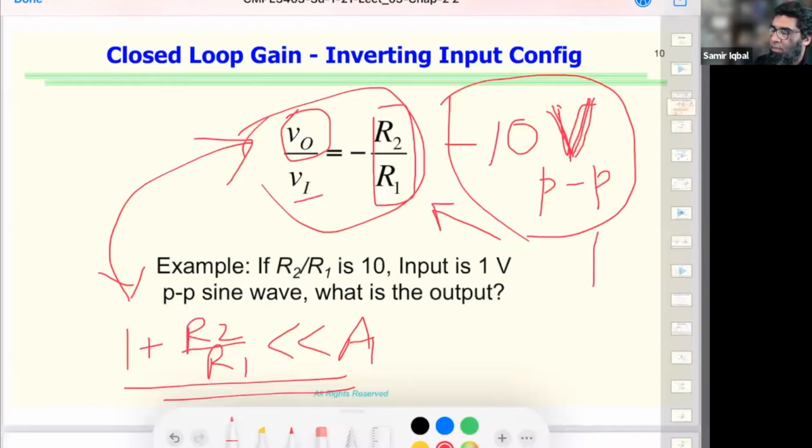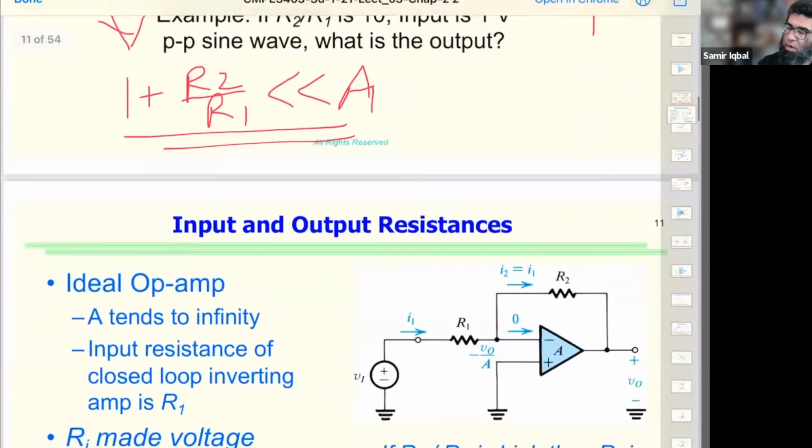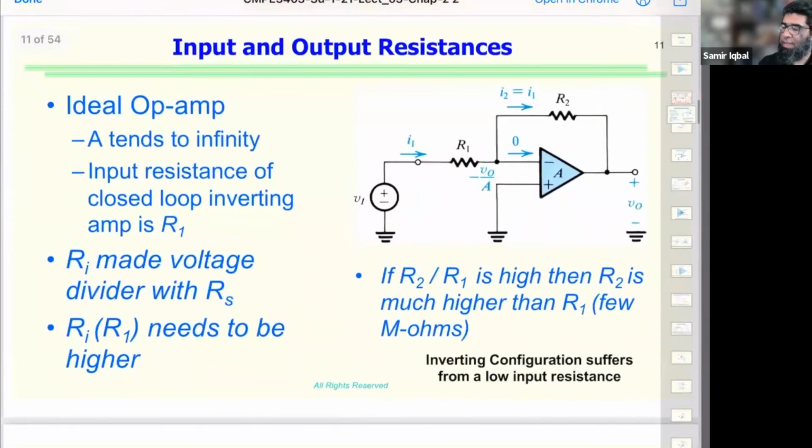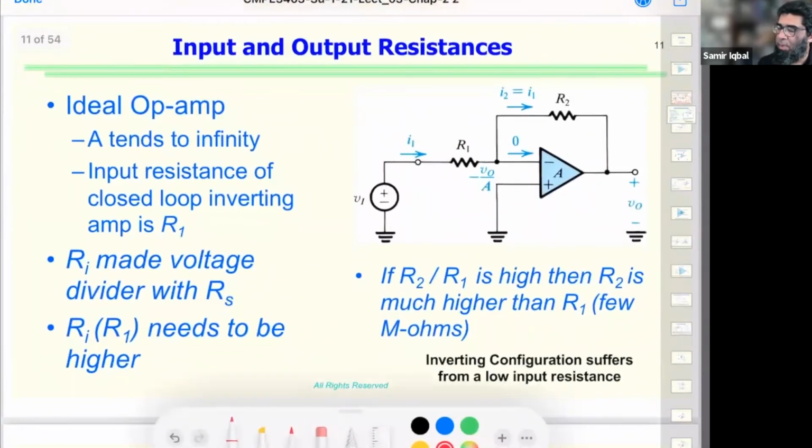All right. So how do we find input and output resistance? For the ideal op amp, gain is infinite. So we take the input resistance R1, and this, the input resistance of the signal, which I haven't written here, R input, makes a voltage divider with the signal.